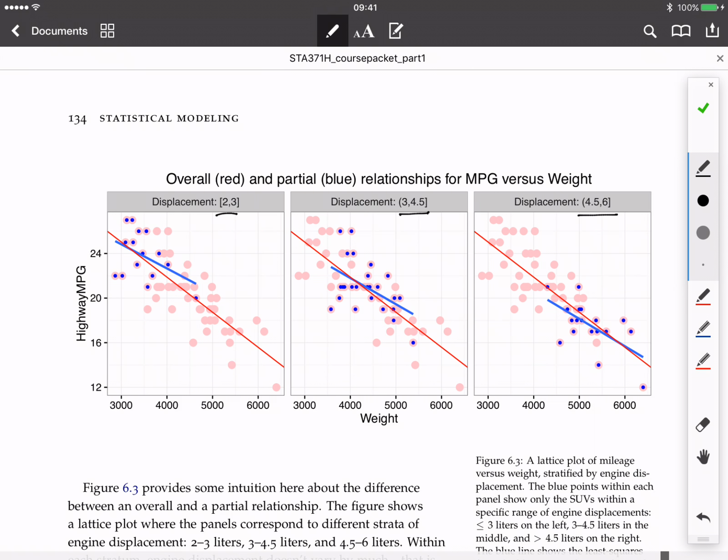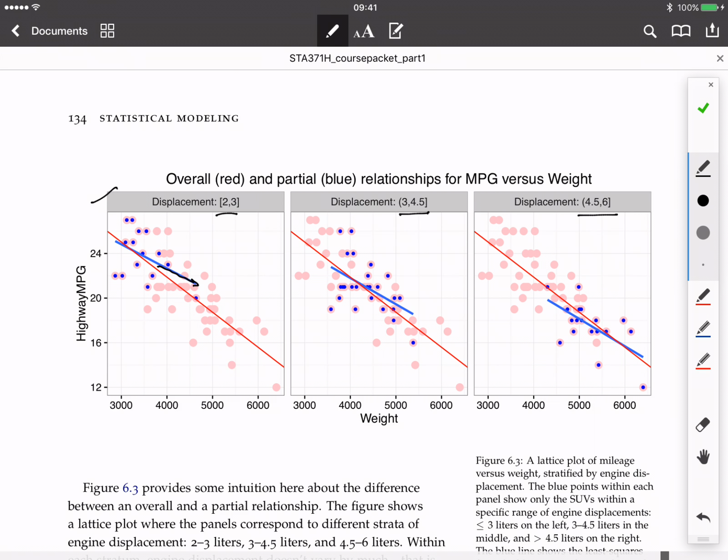Okay? And what I want to get across here is that within each panel, let's just take the left-hand panel over here. And we look at the blue dots only. These are the cars that have engine displacements between 2 and 3 liters. The slope between weight and highway miles per gallon is that right there, the blue line.